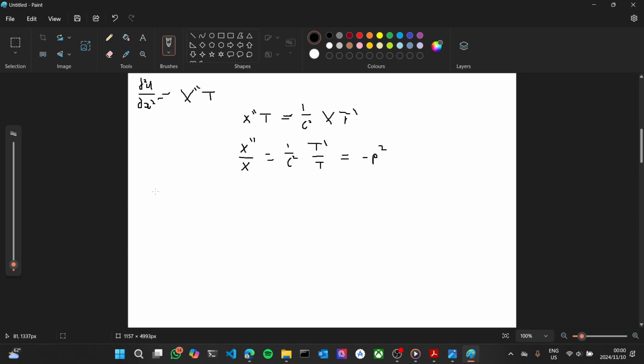So if we then isolate these expressions, right, then multiply out, and then bring it over.